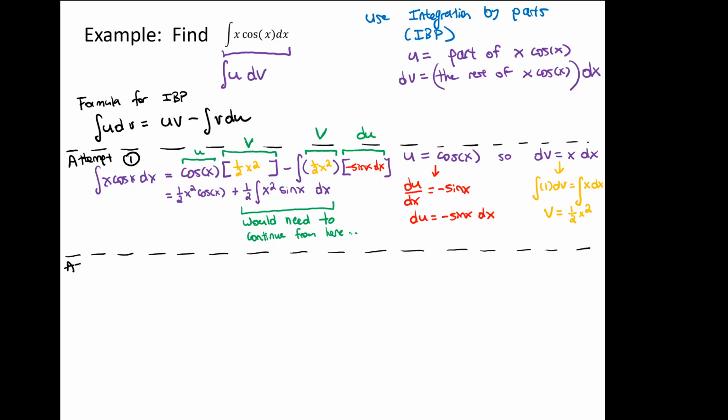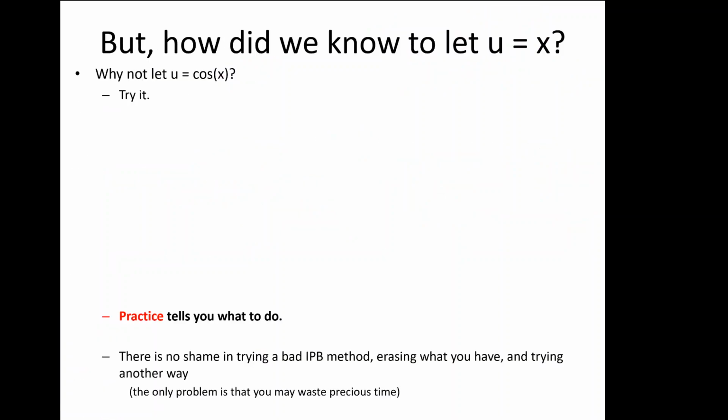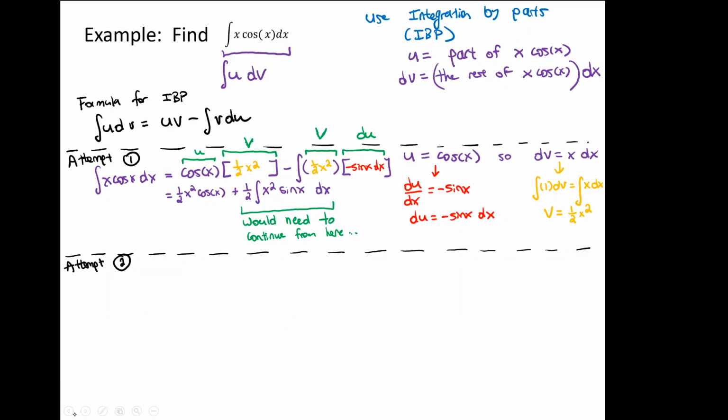So I'll let u equal x. So everything has to be reconstructed when we take u and multiply it by dv. So dv must contain the cosine of x and the dx.